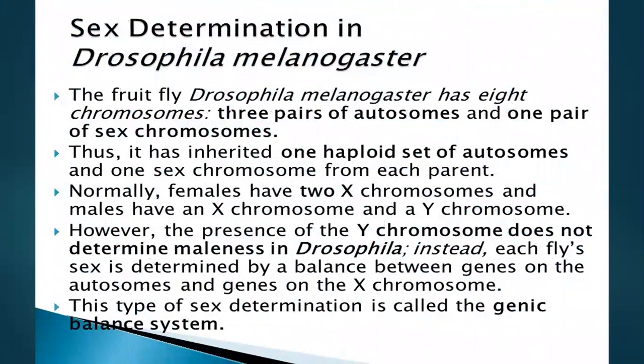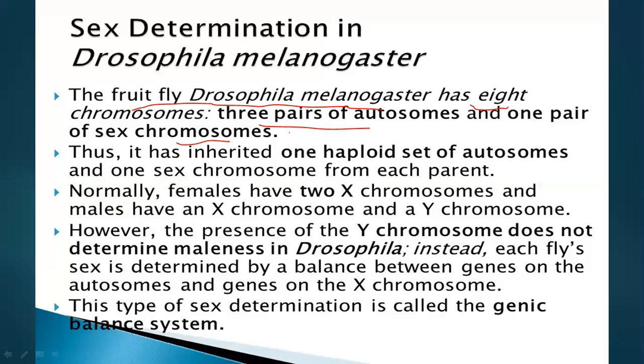So let's talk about sex determination in Drosophila melanogaster, that is the fruit fly. It is the most common and special organism which is studied in inheritance, in genetics, in sex determination, in gene linkage, etc. The fruit fly, whose scientific name is Drosophila melanogaster, has 8 chromosomes: 3 pairs of autosomes and 1 pair of sex chromosomes.